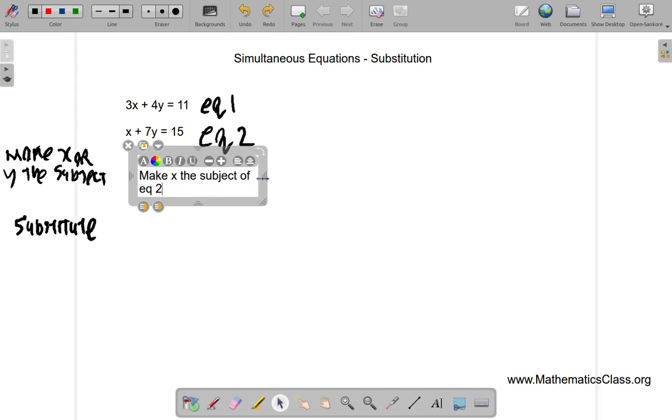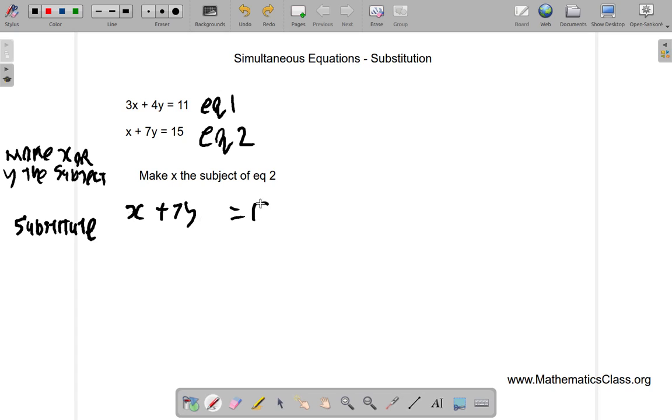Make x the subject of equation 2. So what we have is x plus 7y equals 15.